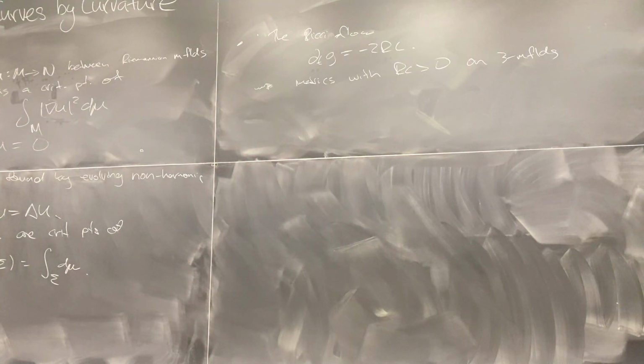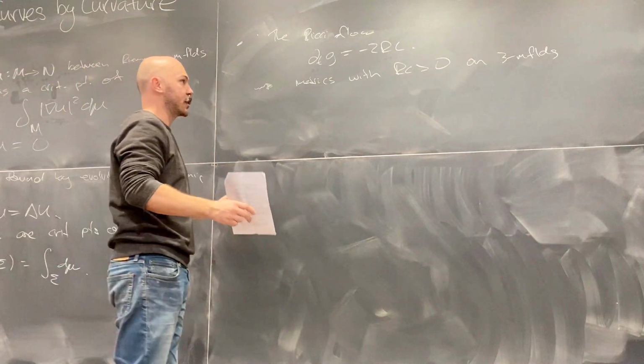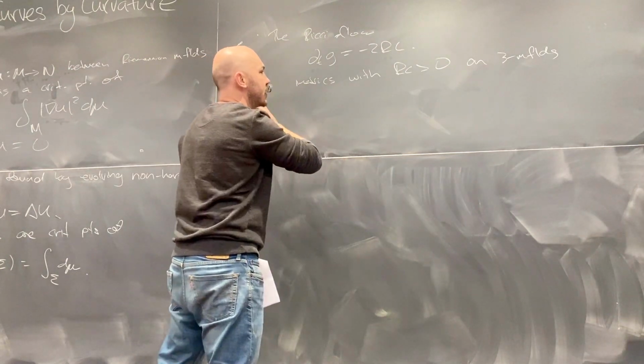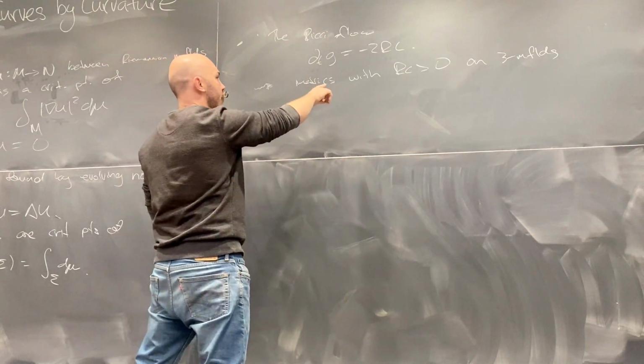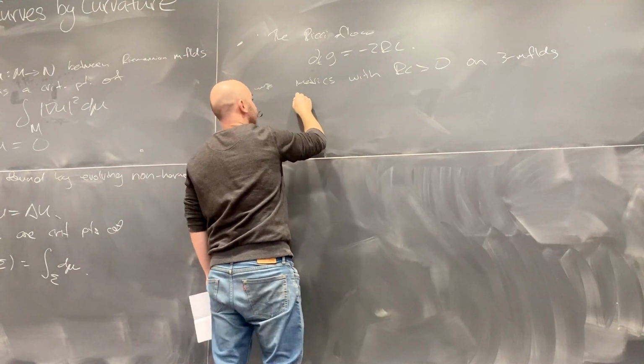What this does, at least under these conditions, is push them towards something with maximally diffuse Ricci curvature, and in fact it pushes them to something with constant curvature, which is stronger than constant Ricci curvature. Three-manifolds deform.